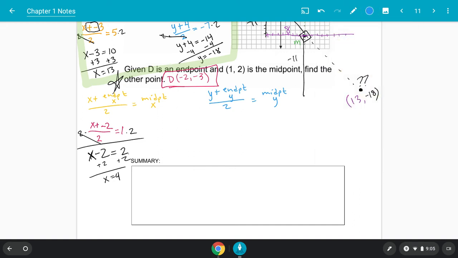So we set up this next one. y plus the endpoint y, which is -3, divided by 2 equals the midpoint y from here, which is 2. So we do our first steps. If you want to pause the video and try to solve this one by yourself, go ahead.